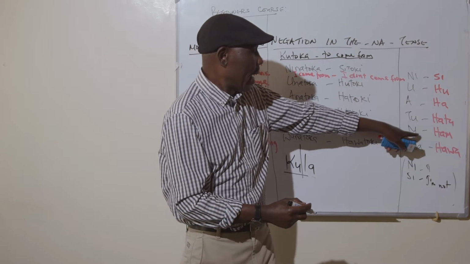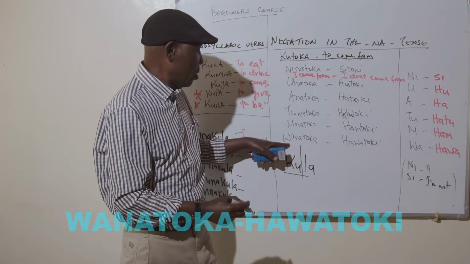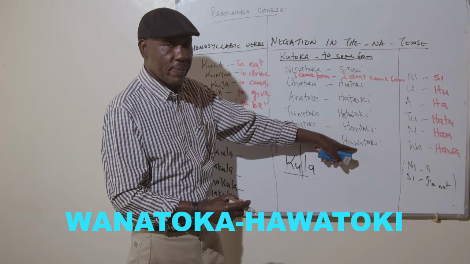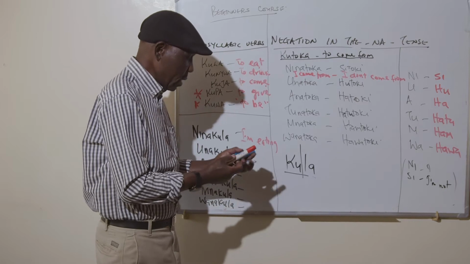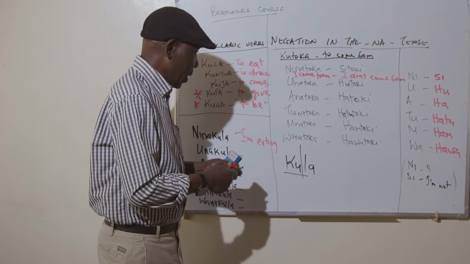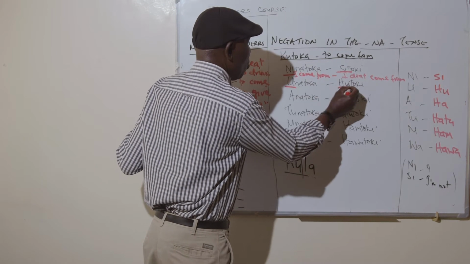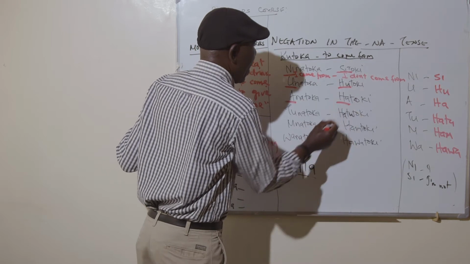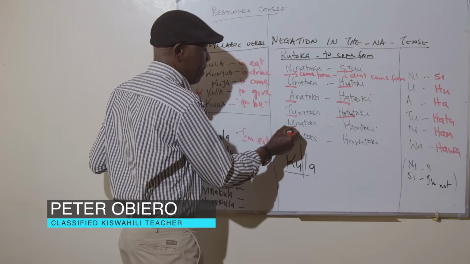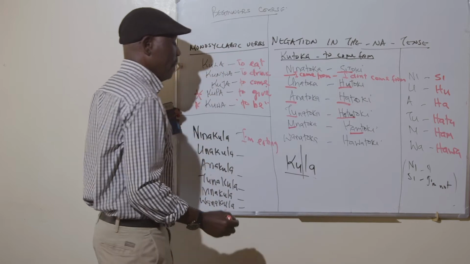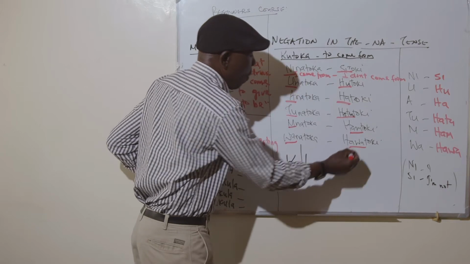The m becomes ham. Wanatoka becomes hawatoki. Wa becomes hawa. So in this sense, you can see clearly that we have ni negated si, u negated hu, a negated ha, tu negated hatu, m negated ham, and then wa negated hawa.